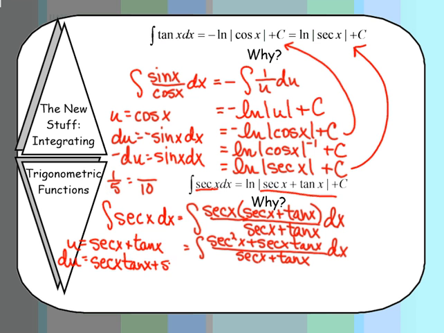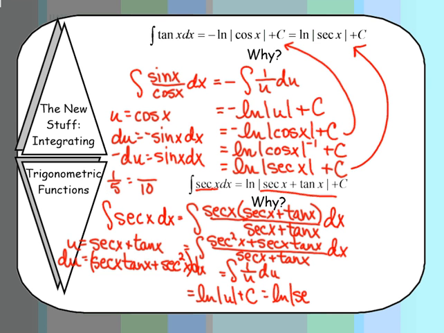Derivative of tangent is secant squared. And lo and behold, that is your numerator, isn't it? All right? So you've got that whole thing there, and that works perfectly. That makes this again become the integral of 1 over u du, which is going to be natural log absolute value of u plus c, and then you'll plug that back in. Natural log absolute value, your u was secant x plus tangent x. And there you go. It's all verified.